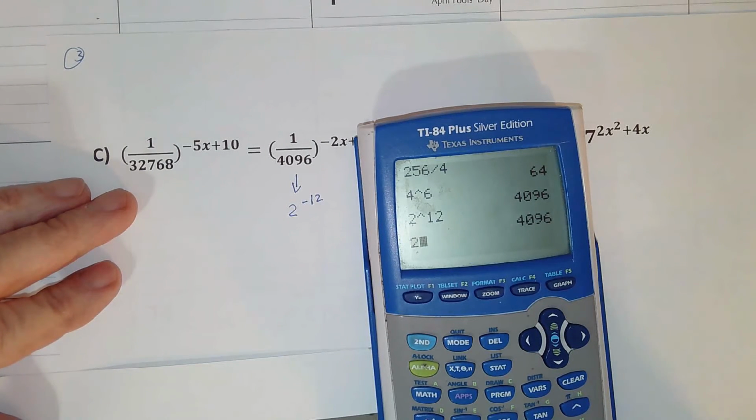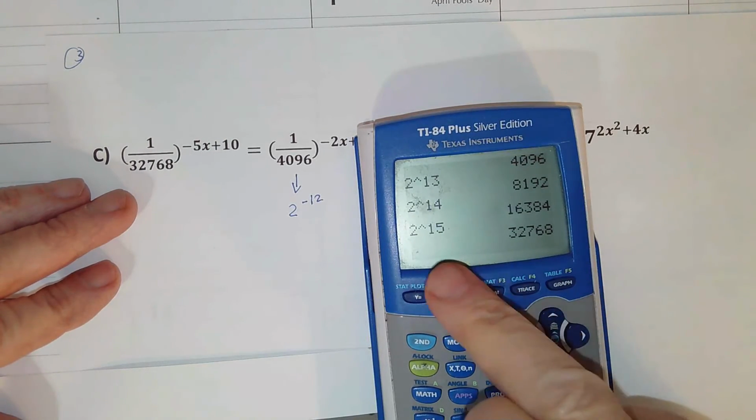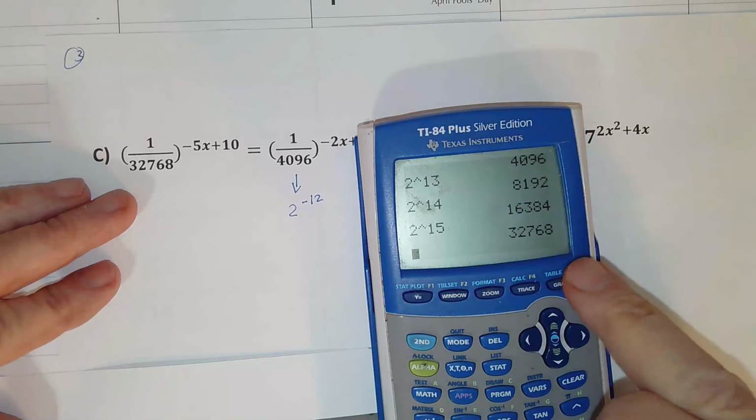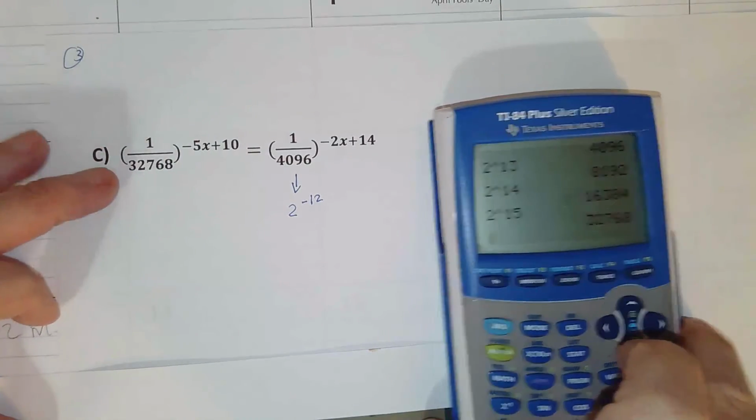So 2 caret 13 is 8,192. 2 caret 14, 16,384. We aren't there yet. 2 caret 15 is 32,768. So 2 to the 15th is 32,768, which is what this is over here.